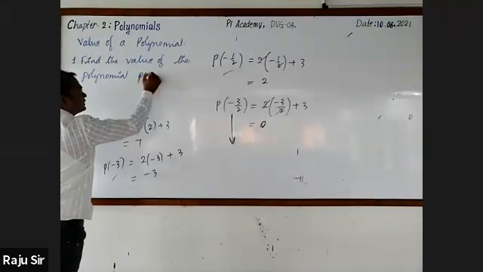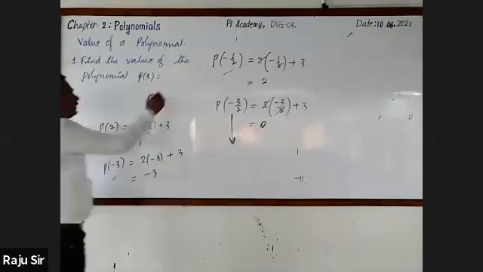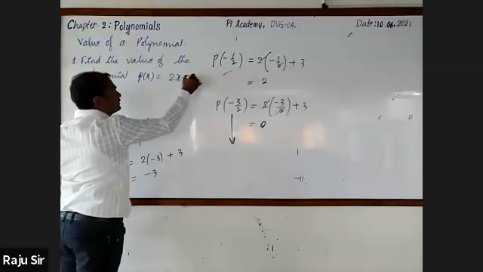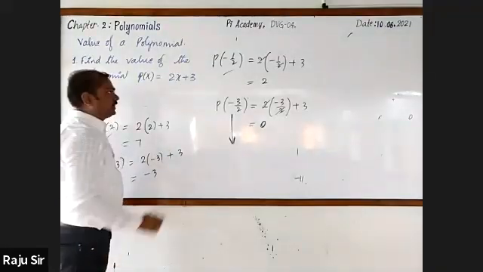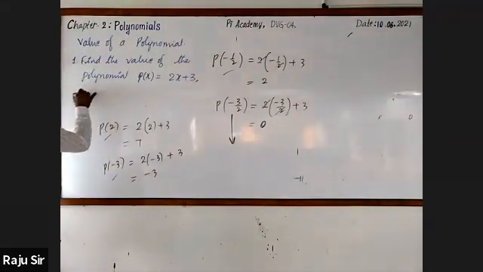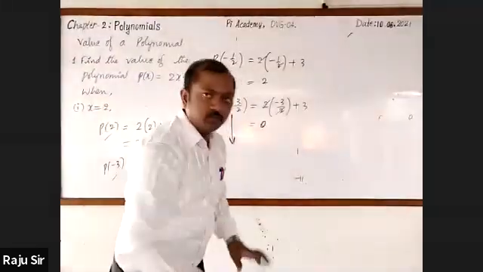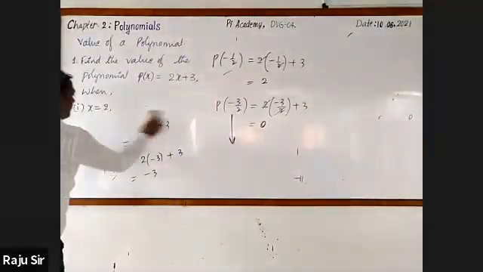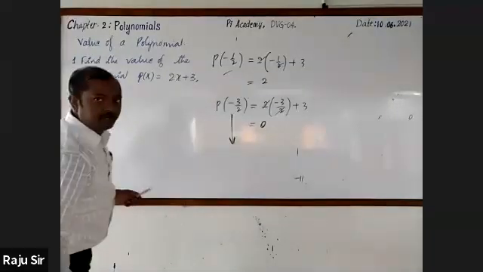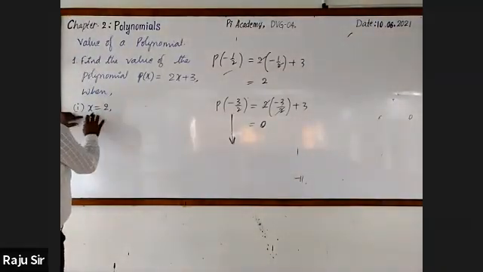P of x is equal to 2x plus 3. First one, when x is equal to 2.